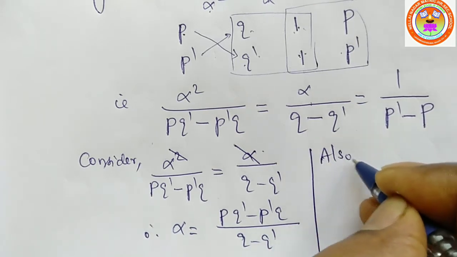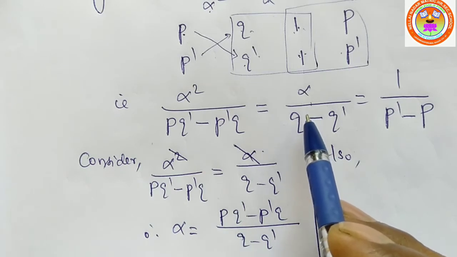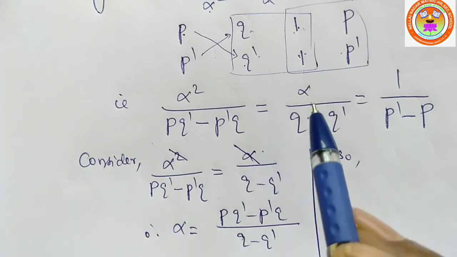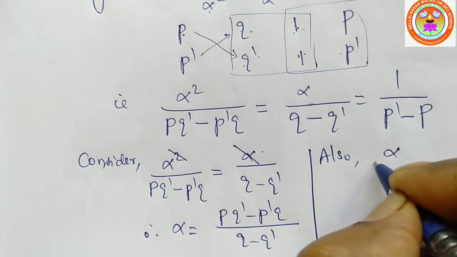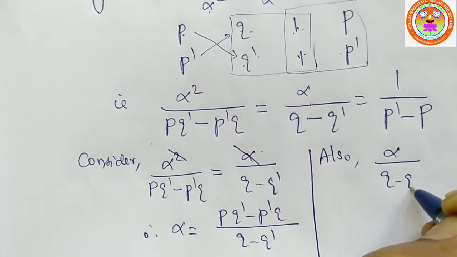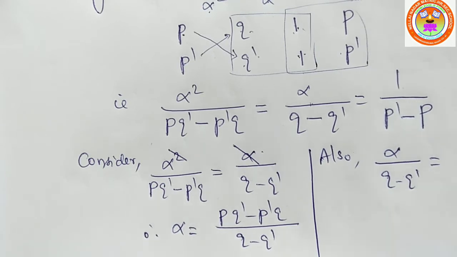Also, here we considered the first and second term, right? Suppose we take the second and last, so we get alpha by q minus q dash is equal to 1 by p dash minus p.